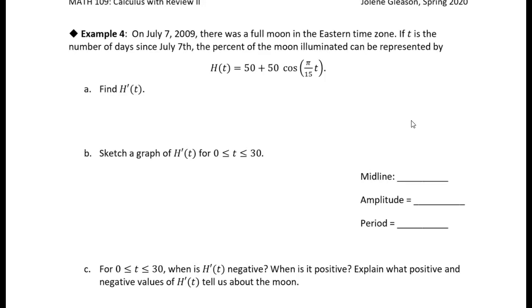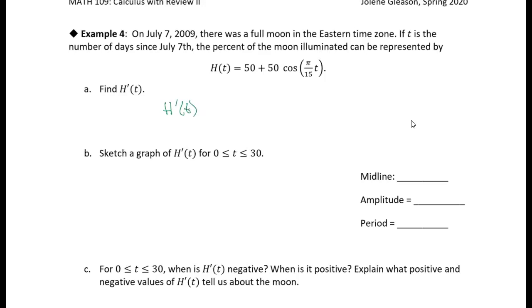Okay, so the illumination of the moon is a periodic function, right? And it makes sense because things are moving in circular or near circular paths, maybe elliptical, but near circular ellipses. All right, so first of all, it asks us to find the derivative of this function h. Okay, so let's just do that.